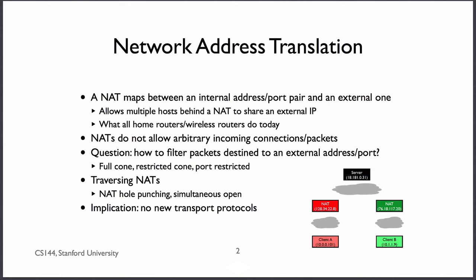You also learned about some of the techniques people use to work around NATs, like NAT hole punching and simultaneous open, but the main takeaway from this unit is NATs make it hard to deploy applications in the internet that require a TCP connection to be set up from the outside world to devices behind NATs. And it's hard to deploy new transport protocols because the NAT devices don't know how to process them. In general, when people have created new transport protocols, they either masquerade as TCP or run on top of UDP.